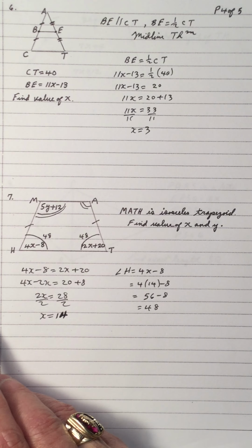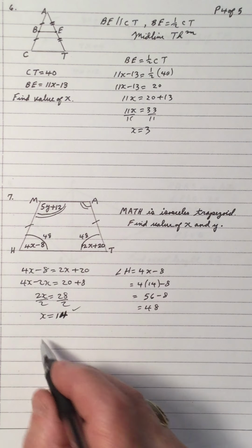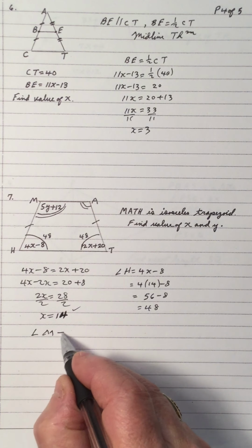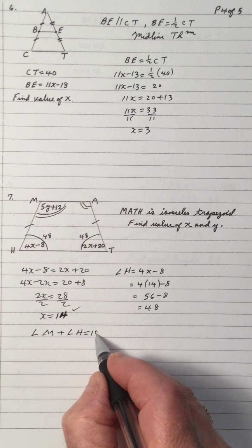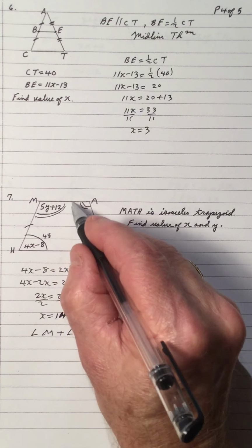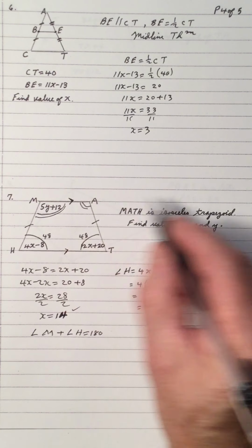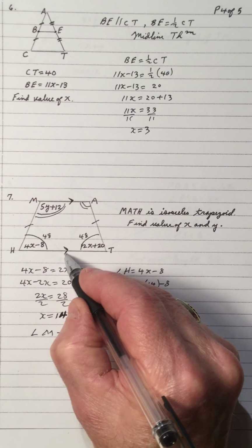We have the value of x, we now need the value of y. So what happens is that angle M plus angle H is 180 degrees because these lines are parallel to each other, because we have a trapezoid. Because we have a trapezoid, one pair of opposite sides are parallel, so there they are.